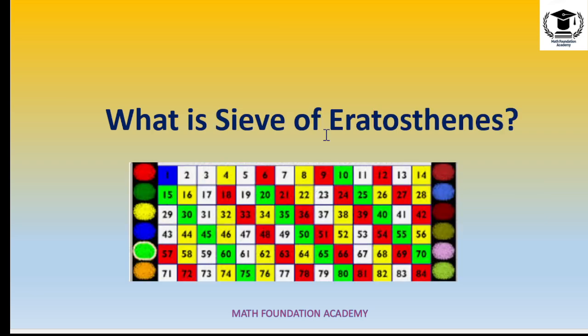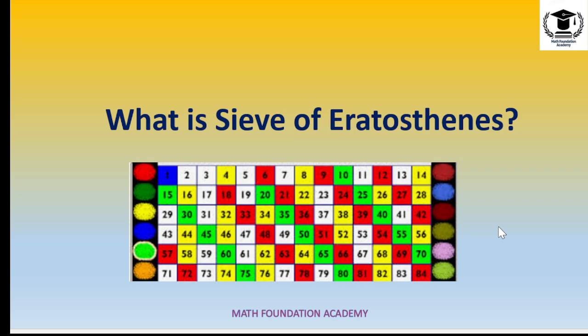Okay. Now, what is Sieve of Eratosthenes? About 22 centuries ago, a Greek mathematician, Eratosthenes, used a sieve for sifting the composite numbers out of the natural numbers.